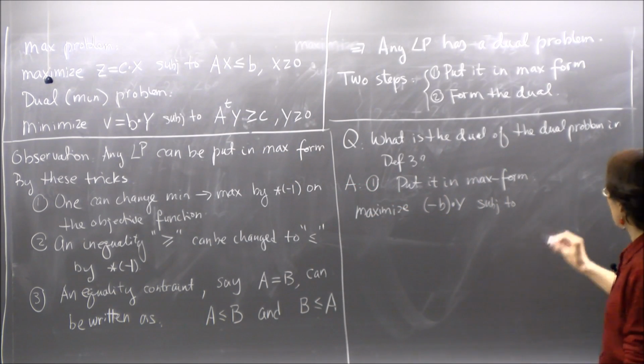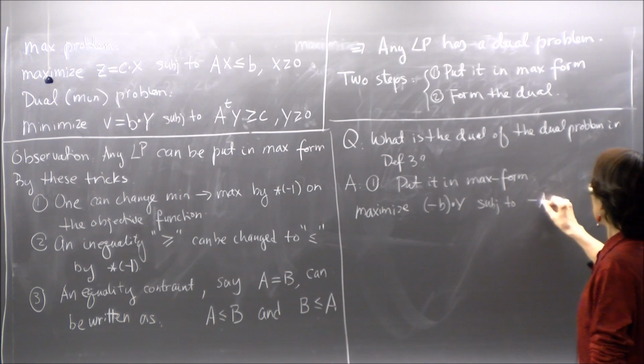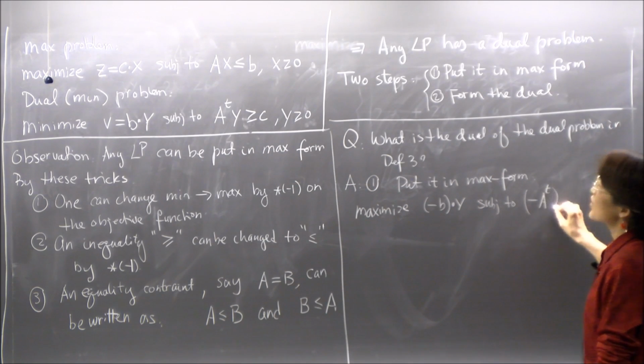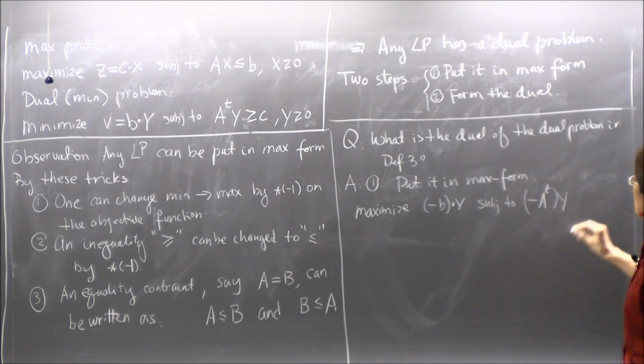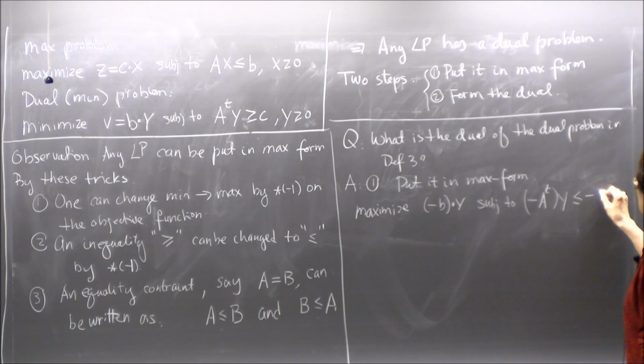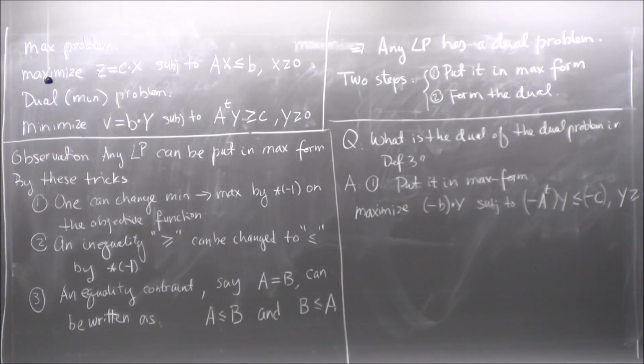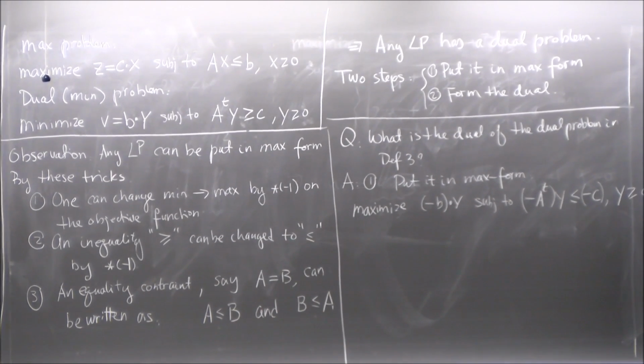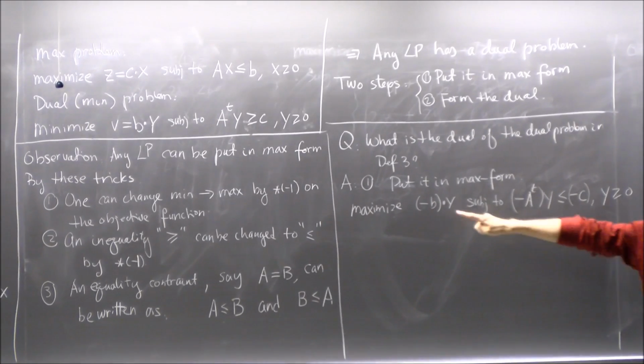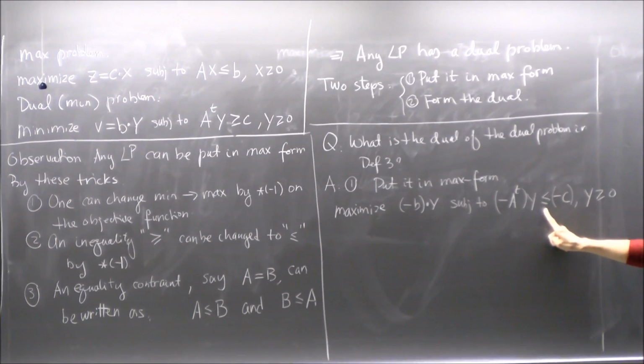So subject to, I have negative A transpose y, and now I can flip the sign, negative c. Now this is the vector on the right-hand side, and y is still bigger than 0. Now do we agree this is a max problem? It's maximizing, and it has a less than or equal sign, right?